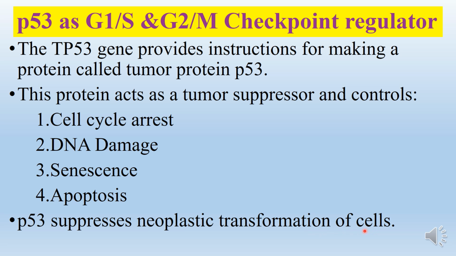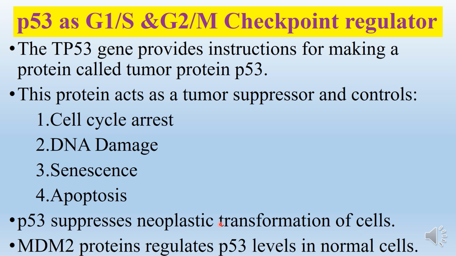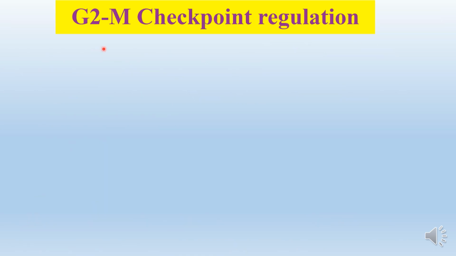Let us look into the details of this. There is one protein known as the MDM2 protein which regulates the P53 levels in normal cells. So now we know that the P53 regulates the cell cycle and the level of P53 is regulated by MDM2 protein. The G2M checkpoint regulation is carried out by cyclin B CDK1 complex when it is in phosphorylated condition.